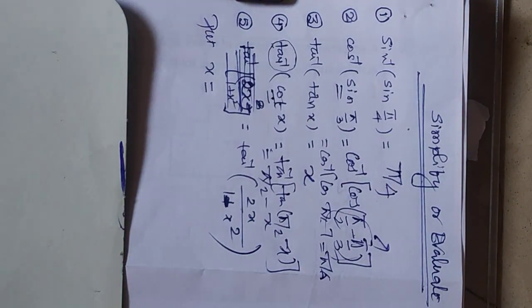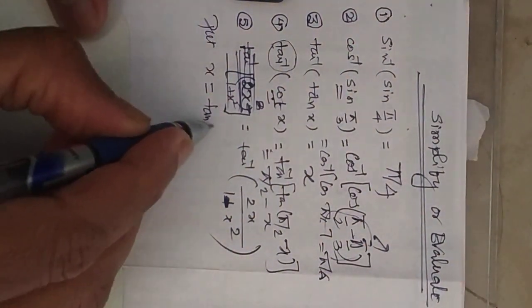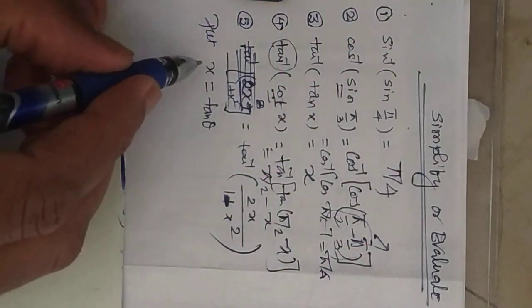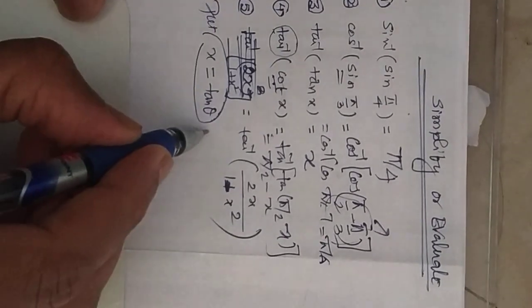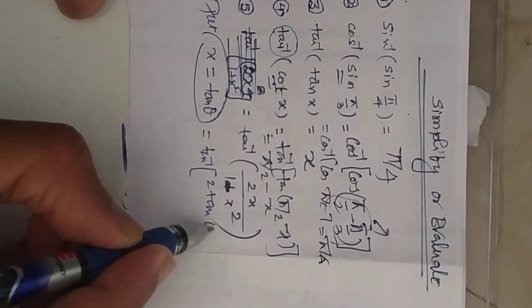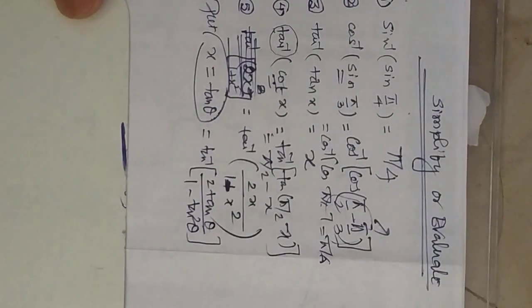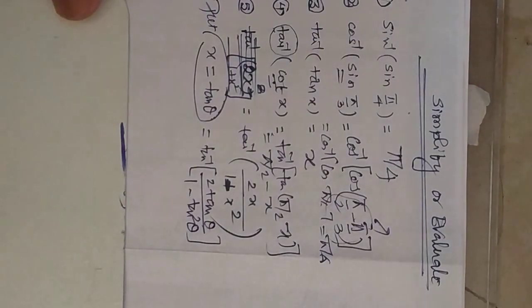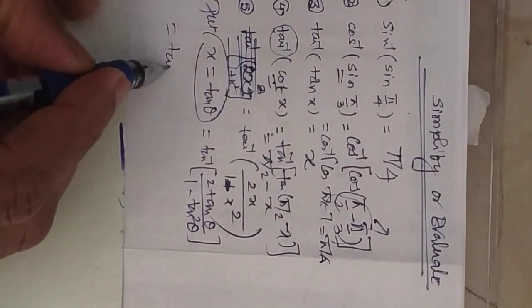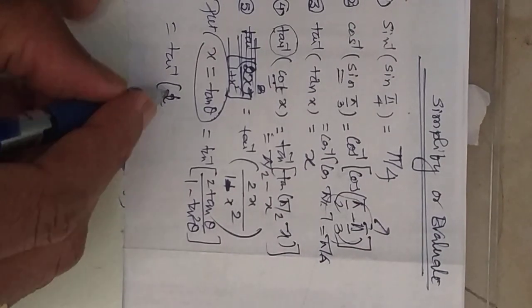Now, what I am just sharing straight away is tan theta. I am just putting x equal to tan theta. Look here, tan inverse of 2 tan theta upon 1 minus tan square theta. Do you remember? This is a standard formula. It will be tan 2 theta.